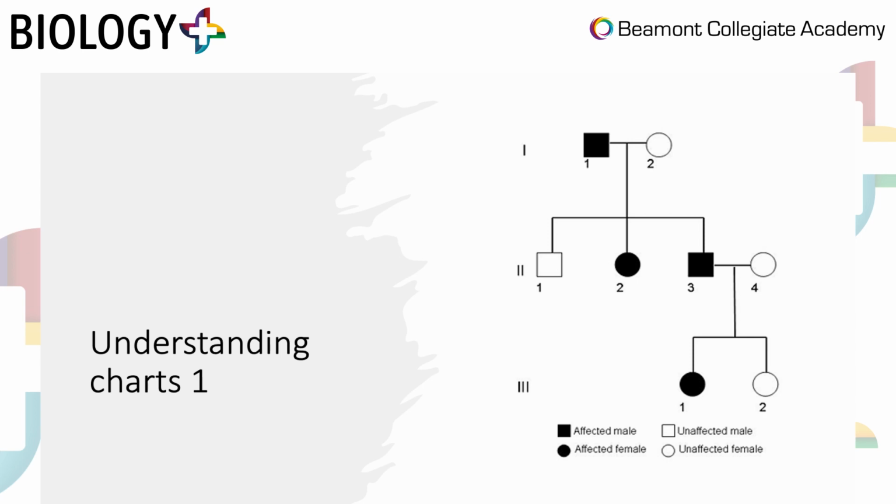We've got 3 generations of family here, okay, with number 1 being the older generation. The horizontal lines between males and females show that they have produced children. This analysis shows both males and females are affected, and every generation has affected individuals.